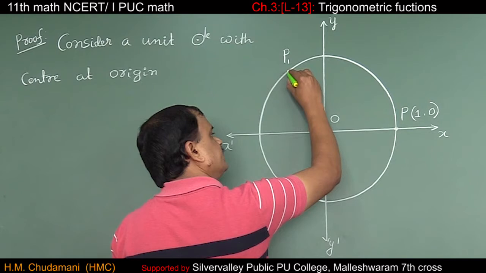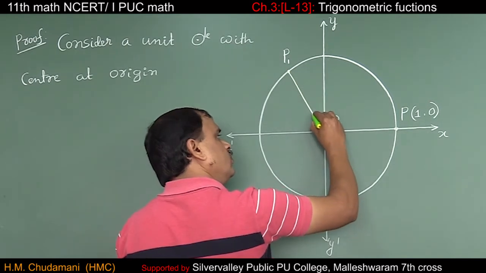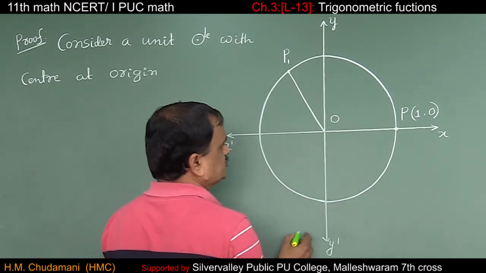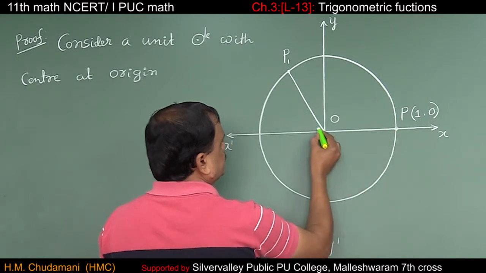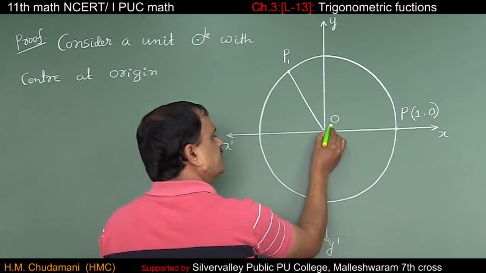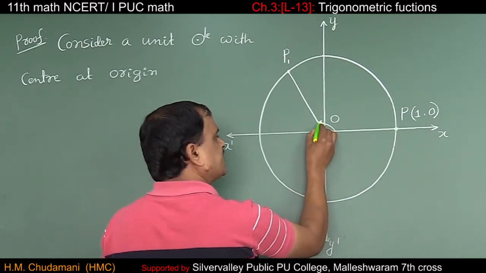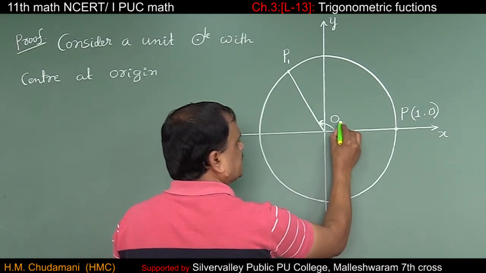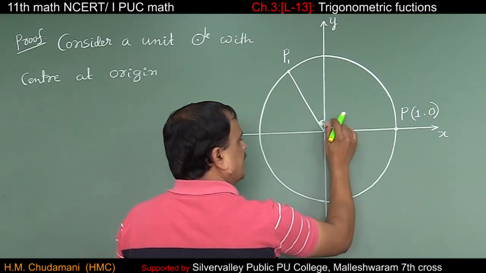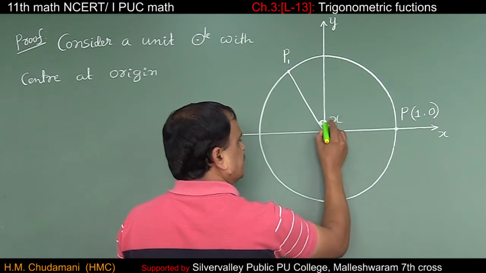Let me take a point P1 on the circle. Join OP1. With the positive direction of the x-axis, it makes an angle x, let us say.